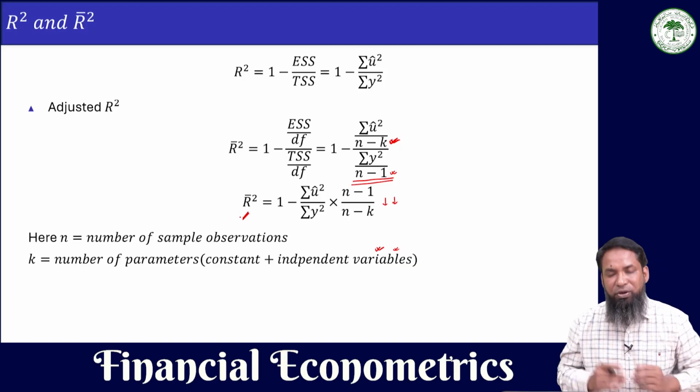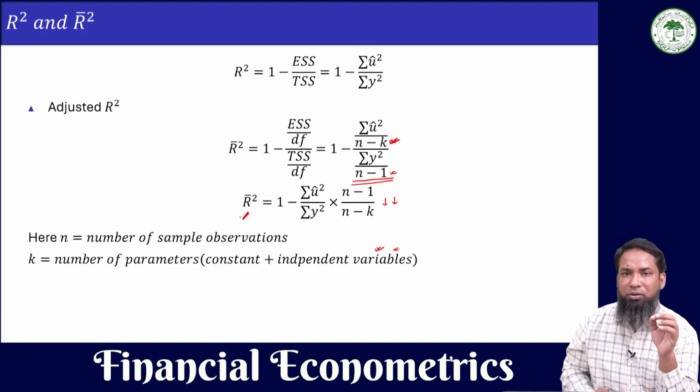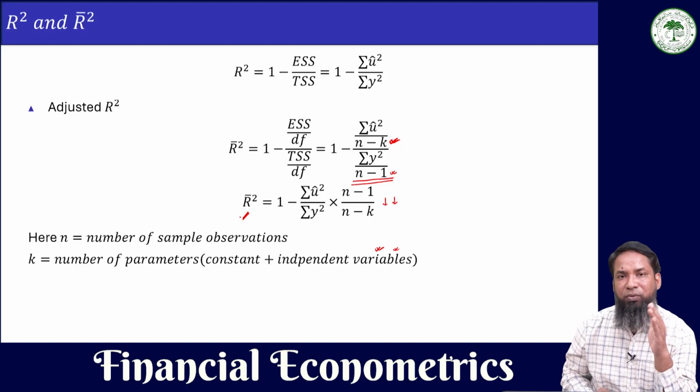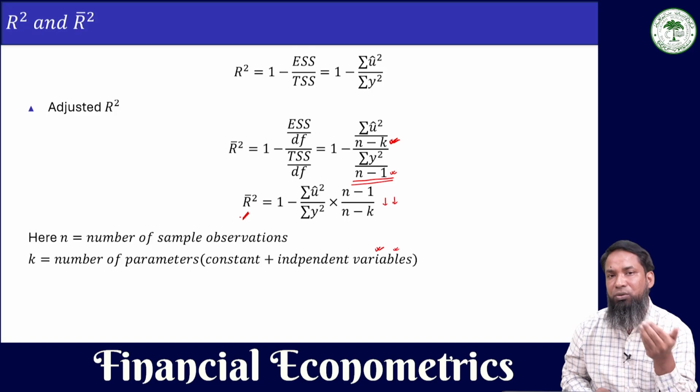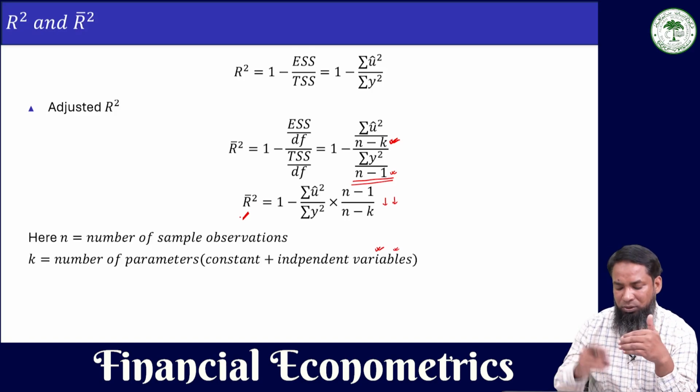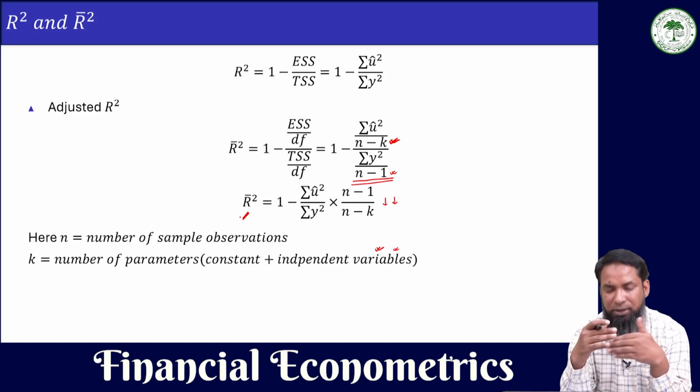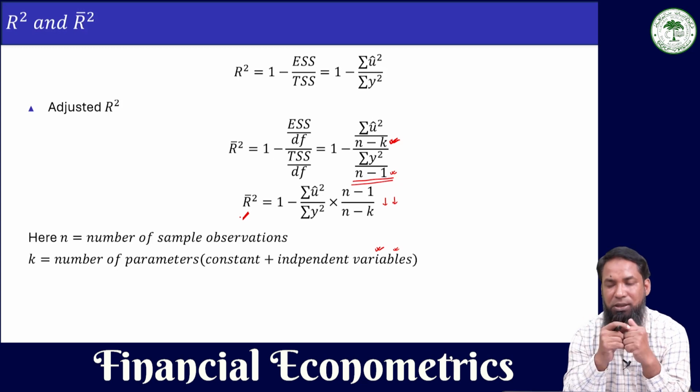So why do we do that? Because the R square is not only used to examine how well the model fits, but is also used to take the decision among competing models. If we have two different models, which model do we choose?